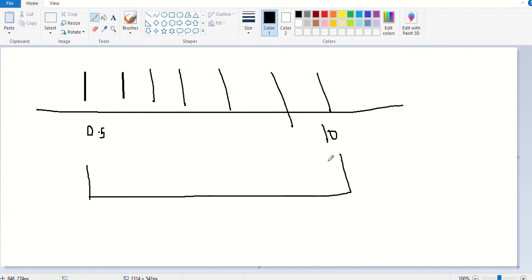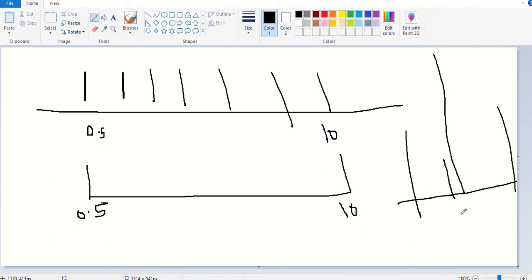This is your barbell portfolio, at 0.5 and 10. And then you might have a bullet portfolio, which will be concentrated between 8 to 10 years. So this is your laddered portfolio, your barbell portfolio, and this is your bullet portfolio.